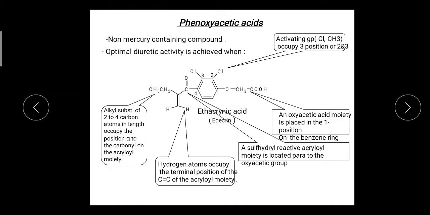And the last point is that a hydrogen atom occupies the terminal position of the carbon-carbon double bond. So here, at the methylene moiety of the carbon-carbon double bond, the hydrogen should be there; it cannot be replaced by any other group. So by watching this structure and the points of SAR, you will get a better understanding.